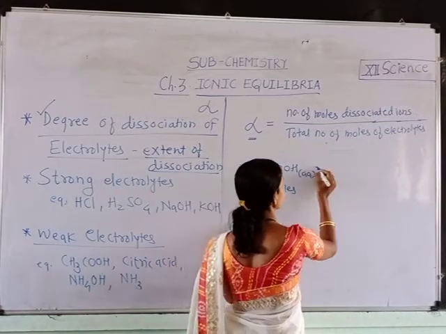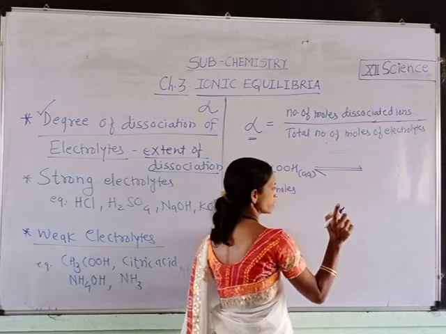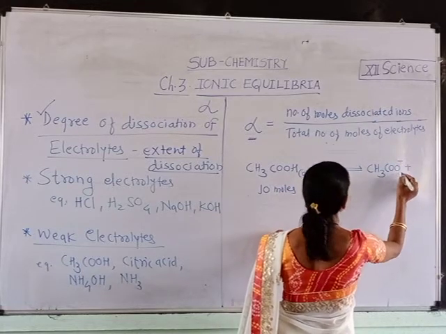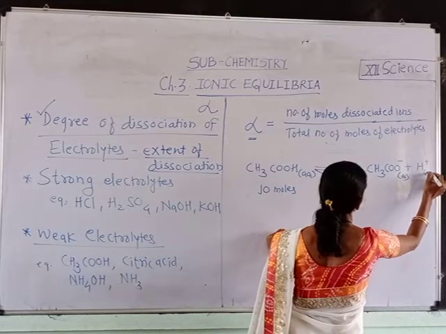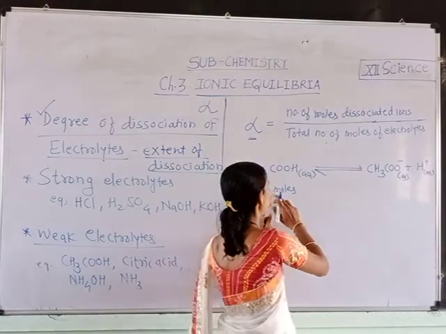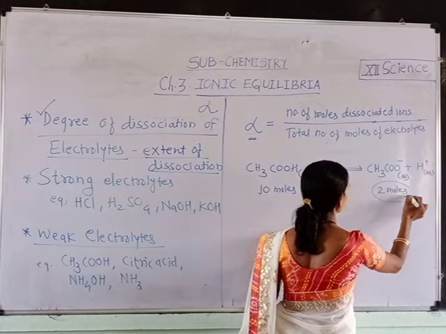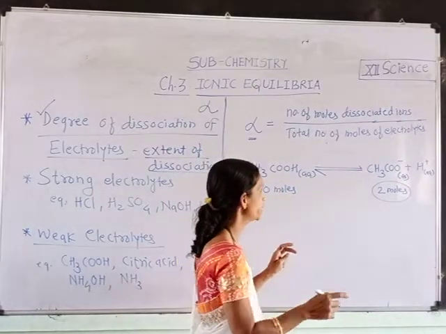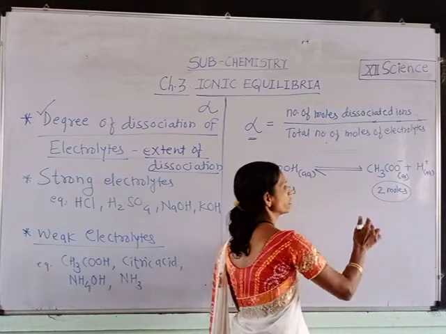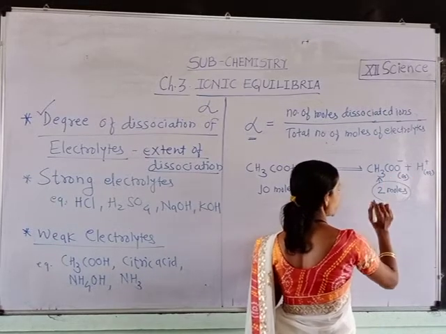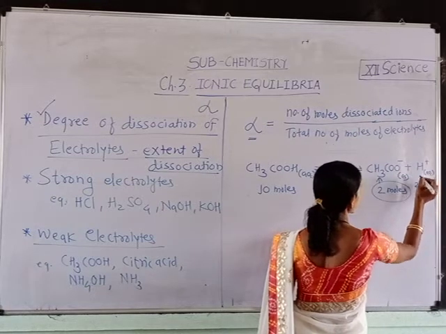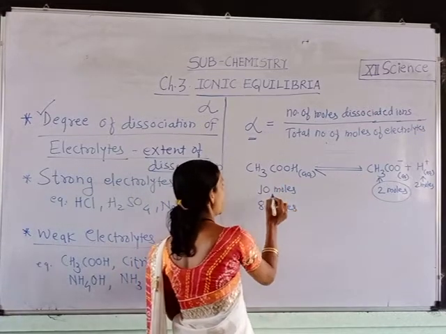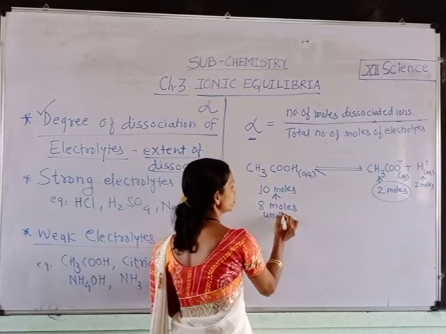Then out of 10 moles, if only 2 moles of CH3COOH get dissociated into CH3COO minus and H plus in aqueous medium, the solution contains 2 moles of CH3COO minus and 2 moles of H plus ion, and the 8 moles of acetic acid remain undissociated.